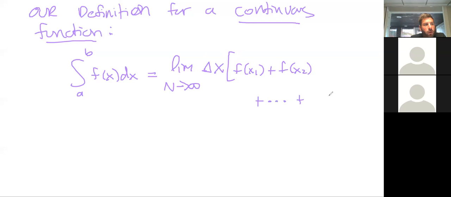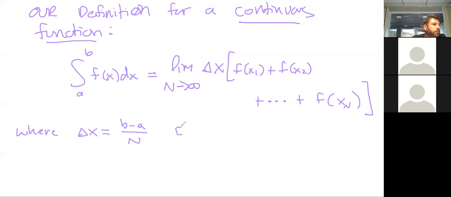This sum goes all the way up to x of n. Now, we told you what these symbols mean yesterday. Delta x is b minus a divided by n. And x sub k is always equal to a plus k times delta x.